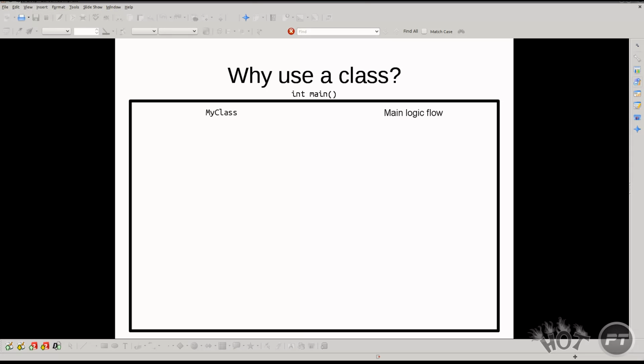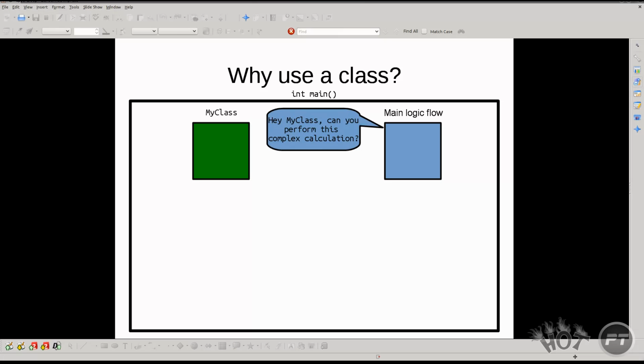But what if you want to be able to call on something within a function, while in your main logic flow, and have it be nicely categorized in something already available for you? So this is where we bring the object into play. For example, we have, again, the main logic flow. And the main logic flow within main asks an object of class myClass if it can perform some sort of complex calculation.